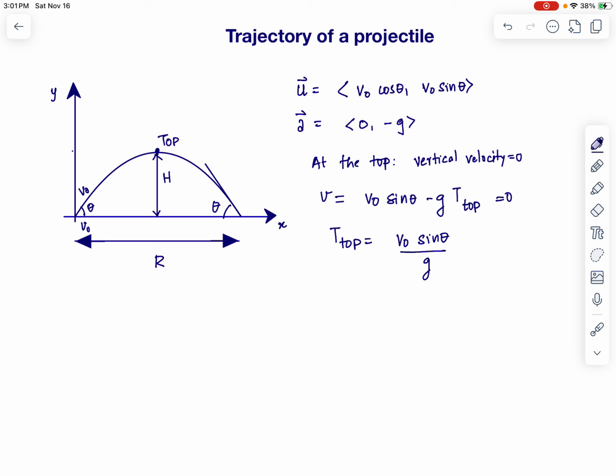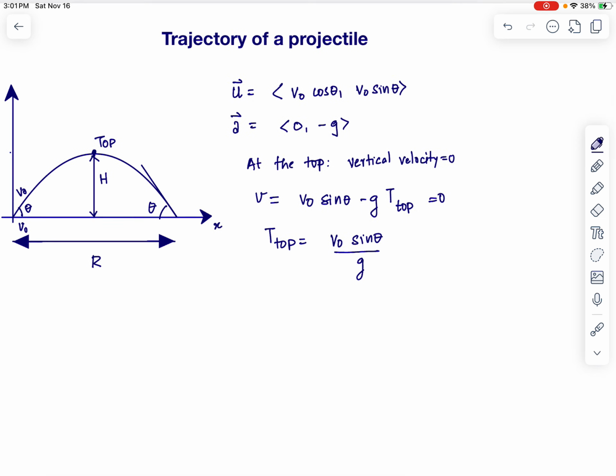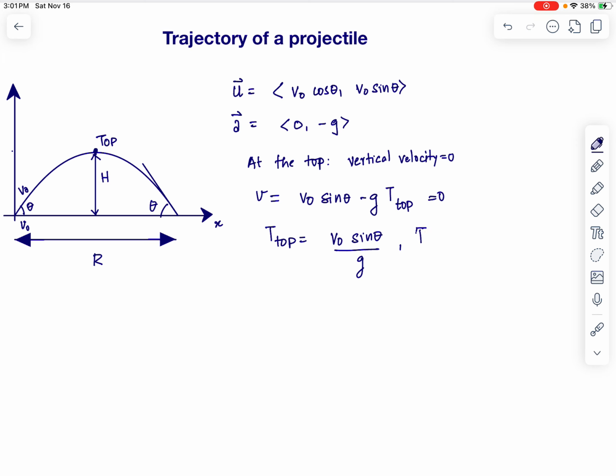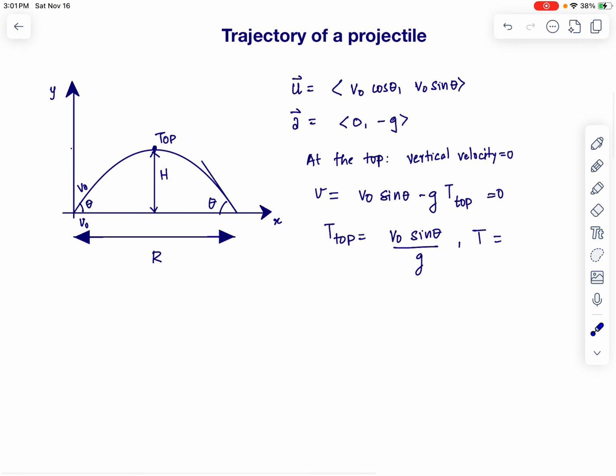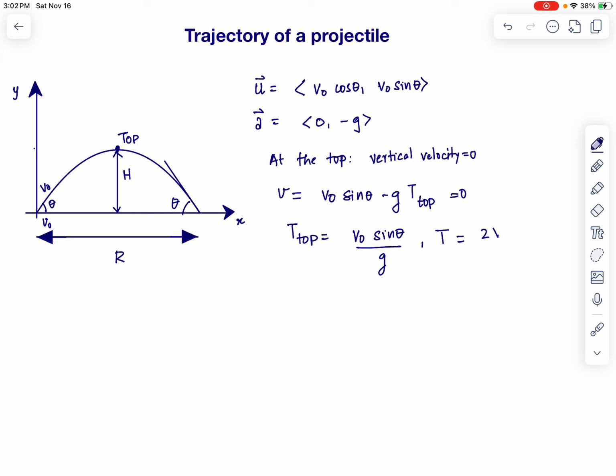Therefore the total time it takes equals twice the time it takes to get to the top, twice the time it takes to get from here to here. So that is equal to 2 v0 sine theta divided by g. Now we know that the velocity in the horizontal direction never changes because there is no acceleration along this direction.